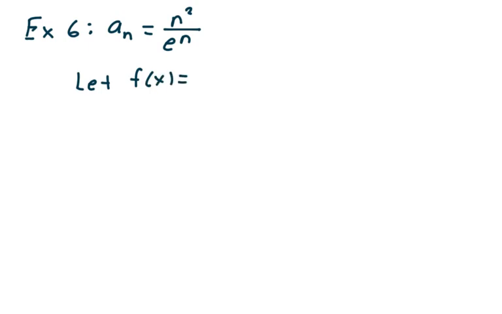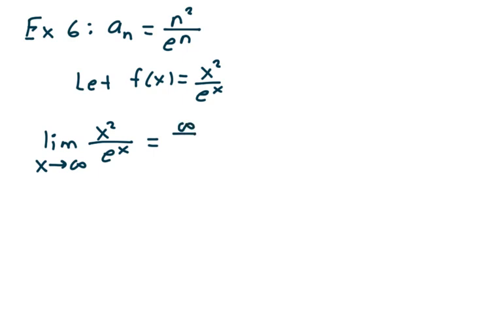What we can do is let f of x equal x squared over e to the x. And then I'm going to take the limit as x goes to infinity of x squared over e to the x. Now, this is of the form infinity over infinity, right?